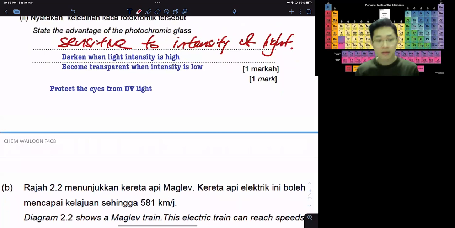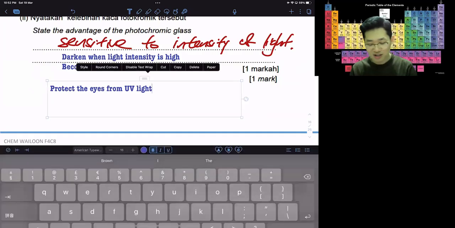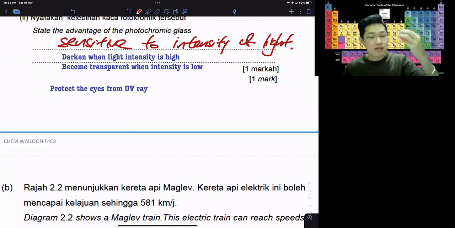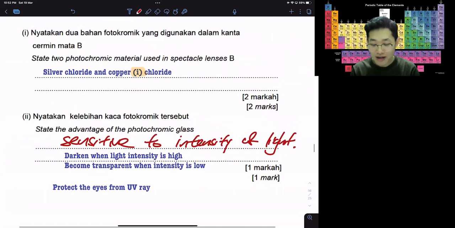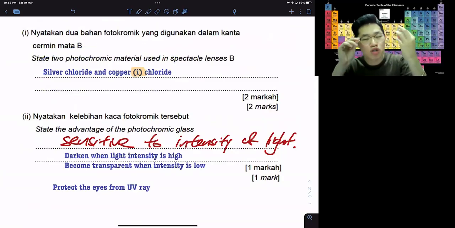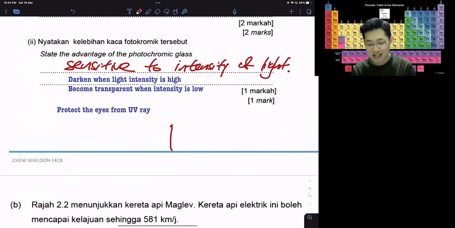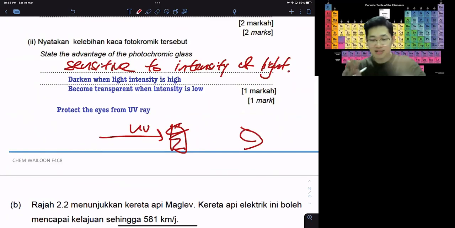Because the silver chloride and the copper(I) chloride actually absorb the UV and react. It's like a filter. Before it goes to your eyes, the spec will react with the UV. Then no more UV. Can understand? UV here, react. No more. The eyes, no problem.